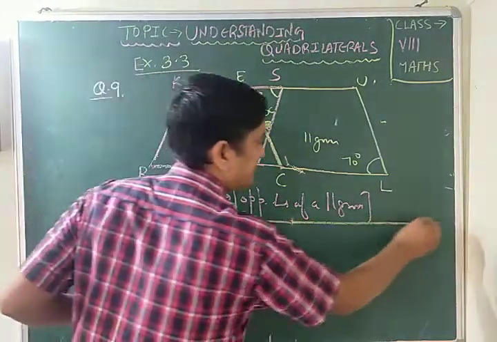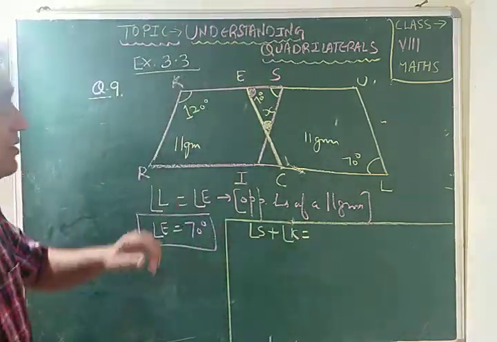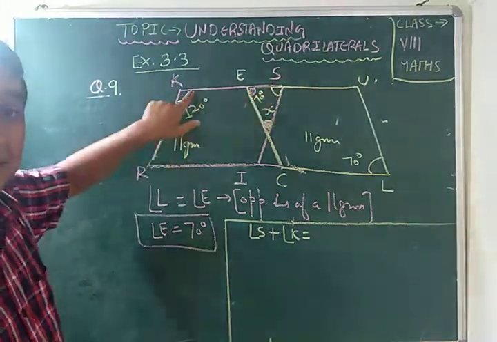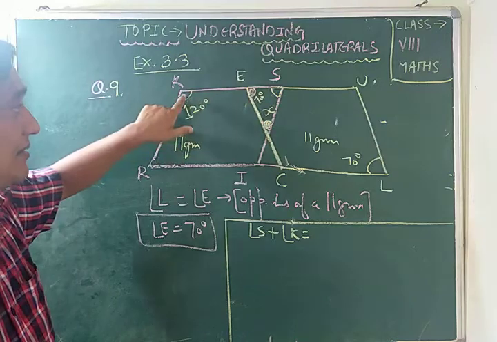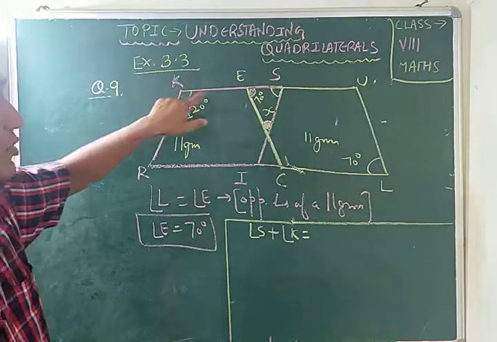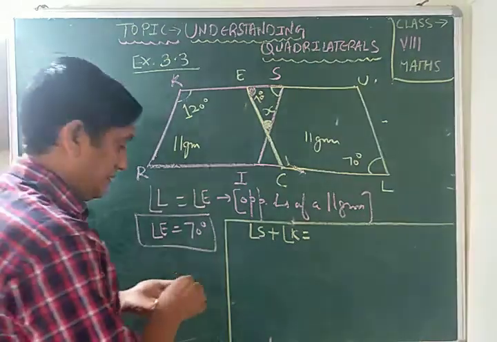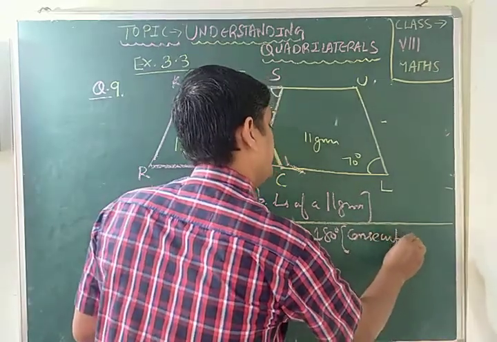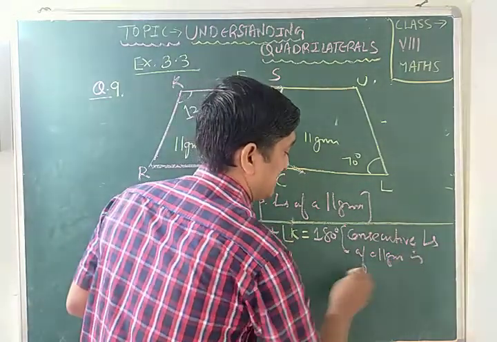Look, angle S plus angle K. Now children look, this K angle and this S angle are adjacent angles of the parallelogram, or you can say consecutive angles of a parallelogram, and the sum of these two angles is always 180 degree. It is equal to 180 degree. Consecutive angles of a parallelogram are supplementary.